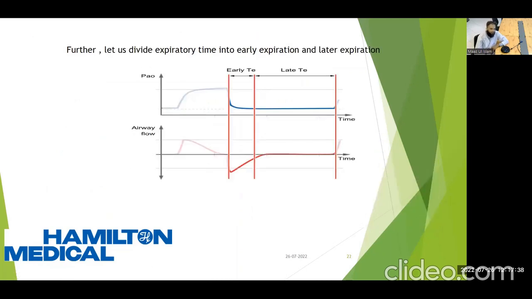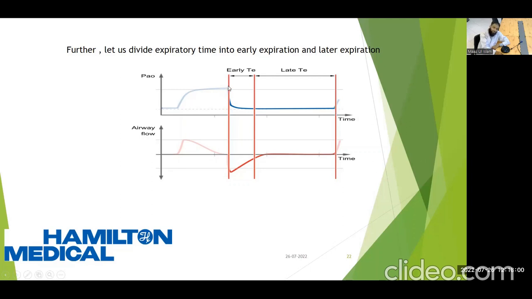Further, in the graph, I have previously described that from this point to this point is a complete respiratory phase. From this point to this point is an inspiratory phase, and from this point to this point is an expiratory phase.